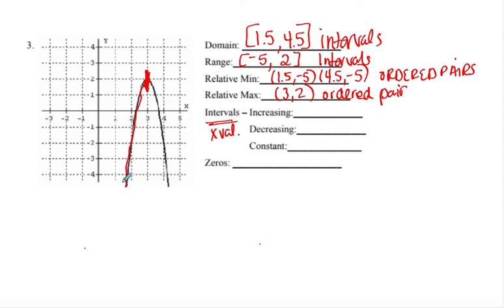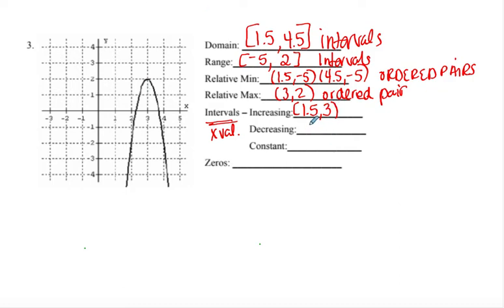So x values would be 1.5 to the x value of 3. Now I would put a bracket there, and I would put an open thing here. Again, books do this a little bit different. I would put an open at 3 because I know at 3 it's going to start decreasing. And my thought process there is it can't increase and decrease at 3.